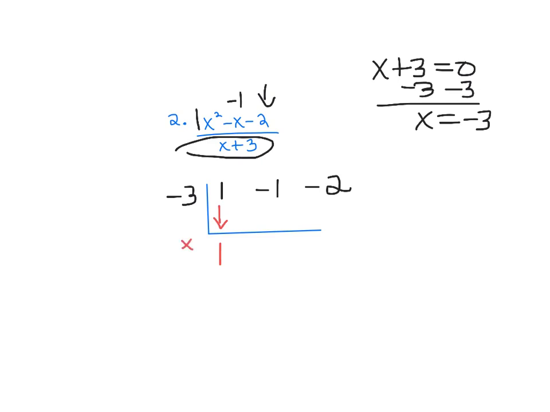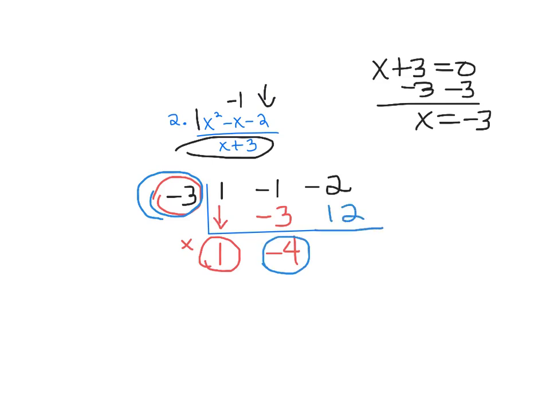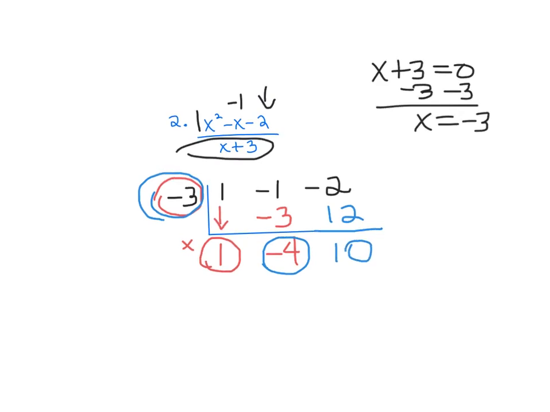Then you'll multiply, so -3 times +1 is -3. Then I'm going to add -1 plus -3, -4. I now multiply -3 times -4. That will give me +12. I now add -2 plus 12, and I get 10. The last number is always the remainder.